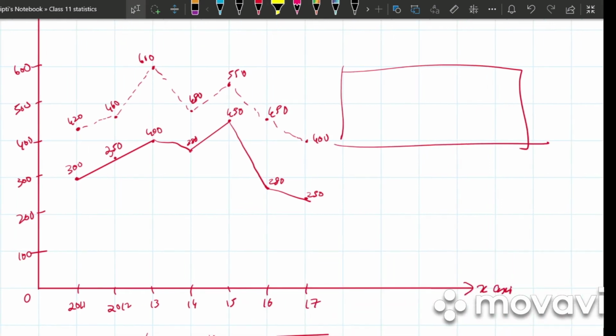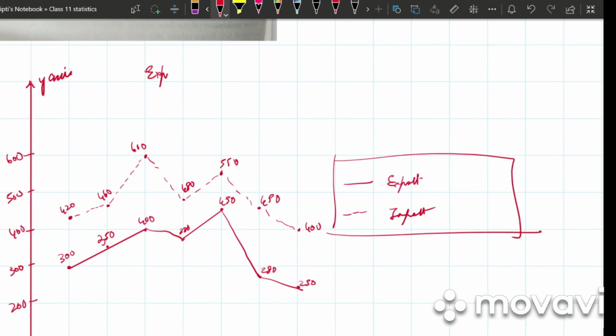Draw the table. A straight line denotes export, dotted line denotes imports. Clear? Heading is export and imports of India 2011 to 2017. Rupees in crores.